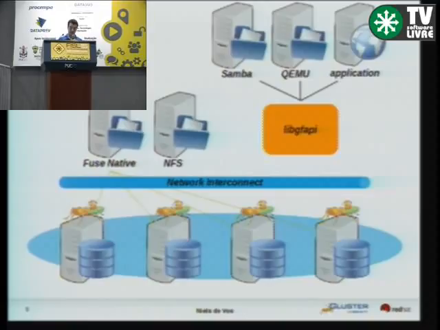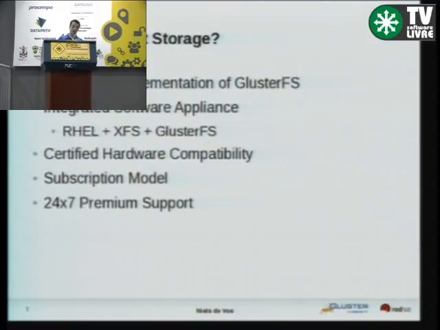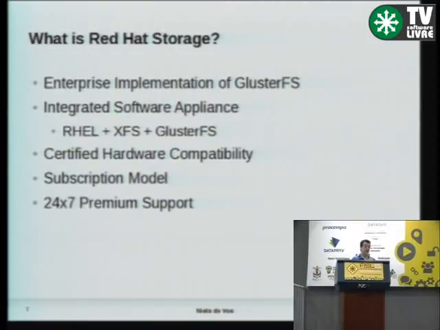Because I work for Red Hat and I'm part of the support organization, most things I work on are related to Red Hat Storage. Red Hat Storage is the enterprise version of the community GlusterFS. Customers open support cases for Red Hat Storage.